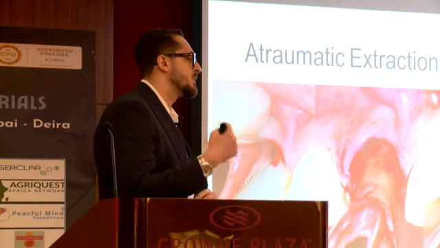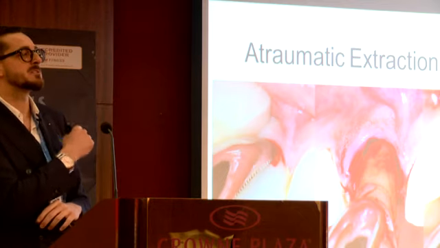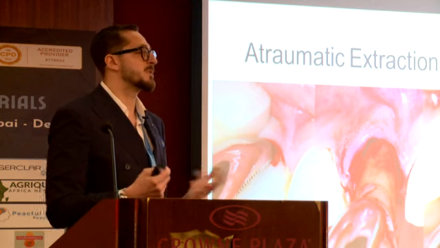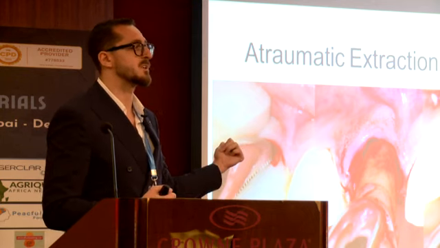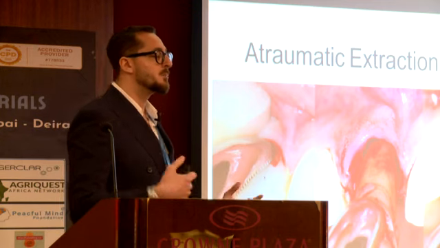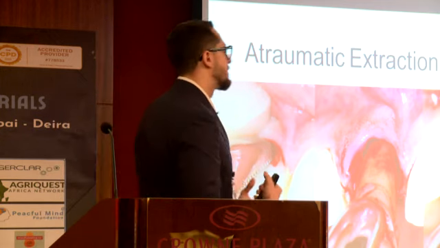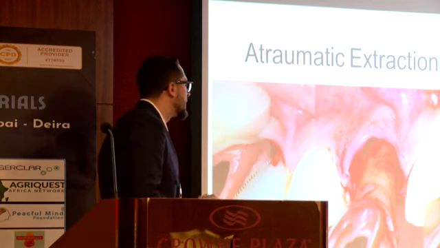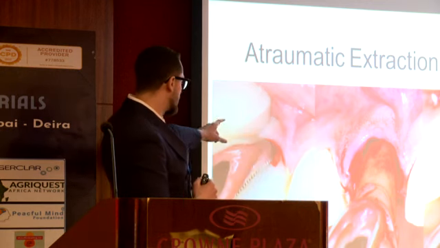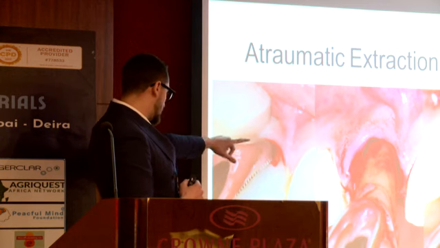You need to take your time in this step because you have to go very, very slow. If I need 30 minutes, I will just do the extraction in 30 minutes, because I don't want to apply too much force. So with the forceps, a slight mesiodistal rotation movement, very, very quiet, controlling the force against the bony plates.